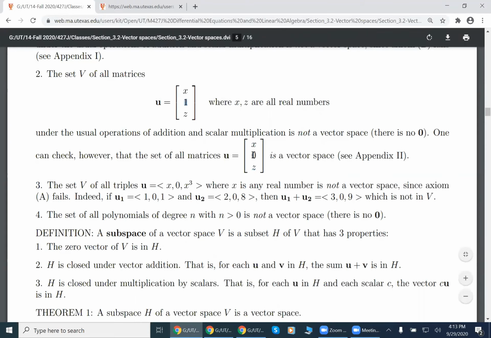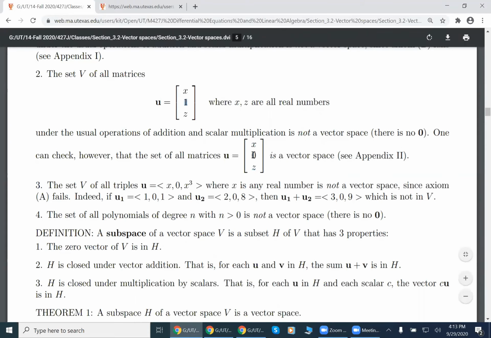The answer is: compare this definition and this definition. Over here, V is a non-empty set of objects. Over here, H is a subset of a vector space. This is a very powerful condition.